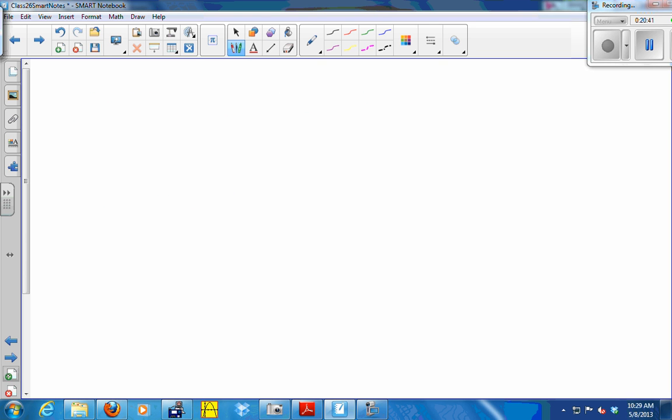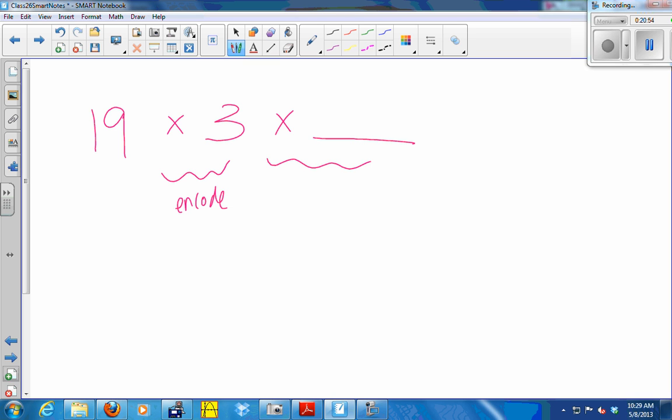I took my 19 and multiplied it by 3 to encode. So to decode, I need to multiply by something else. So this is encode, and this is my decode. I want to do 19 times 3 times something else that will give me the 19 back. With me so far?